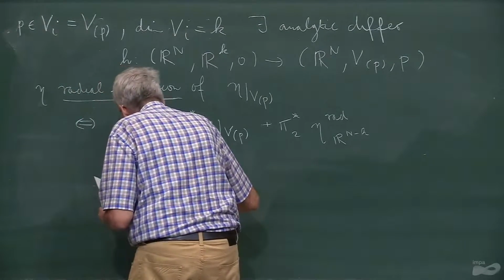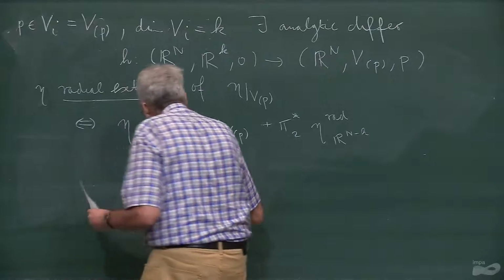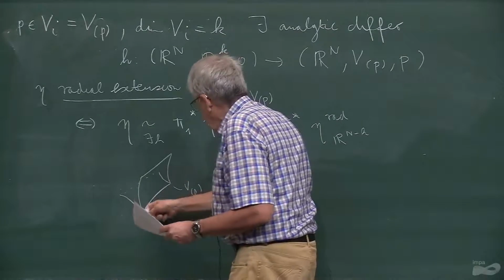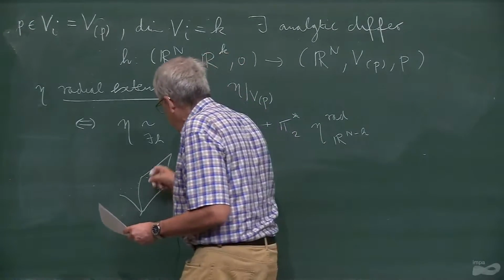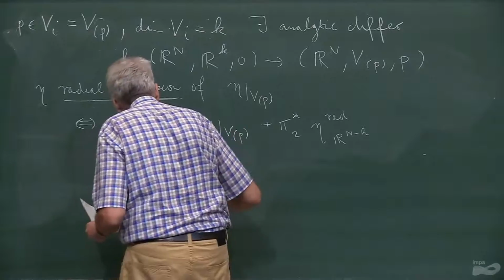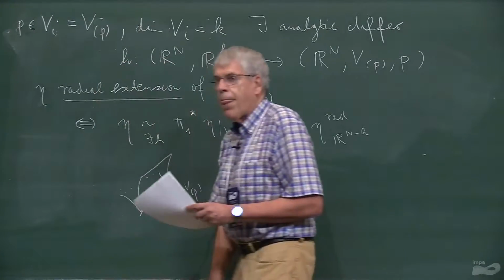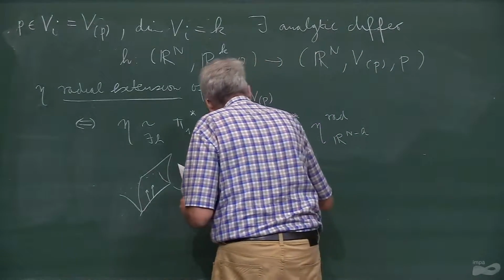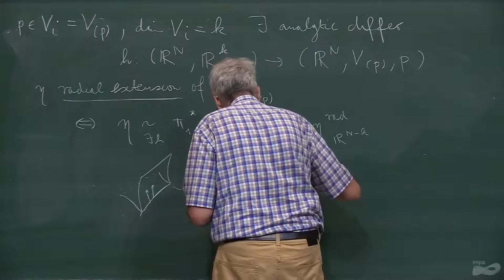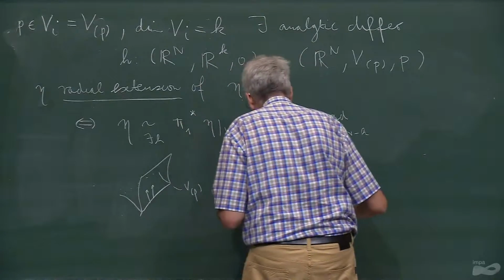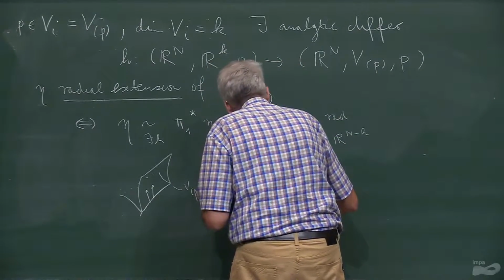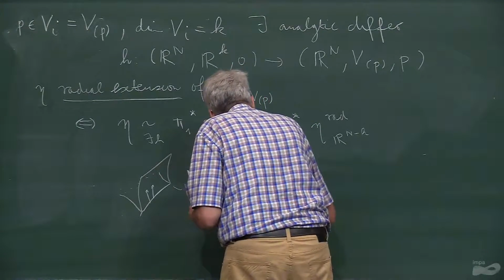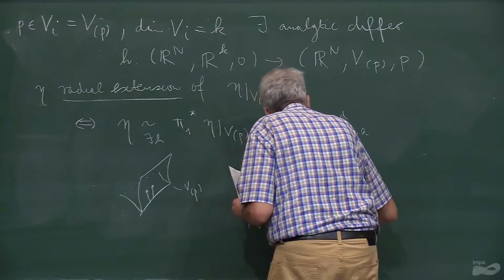So if this is Vp, then the form is equivalent to a form eta on the stratum, and you have a radial extension, you extend it radially in the complementary direction. So pi 1 and pi 2 are the projections to the factors Rk and Rn minus k.